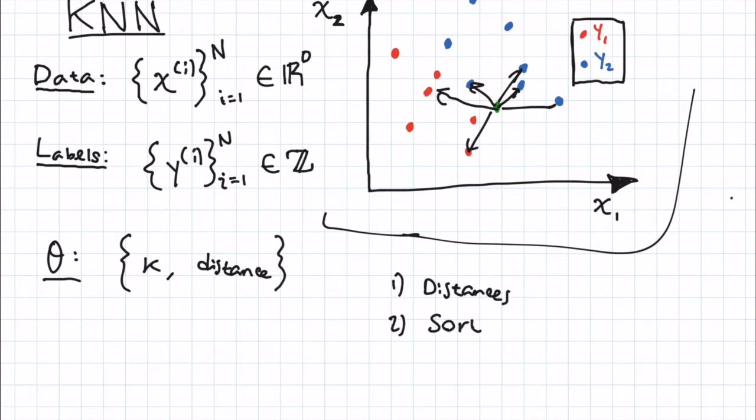Next we'll sort these, and we'll choose the nearest k of these distances. And then among these k, we'll take a vote to see who's the dominant class. And if there's a tie, we can choose either one, or maybe pick a point that's closest.